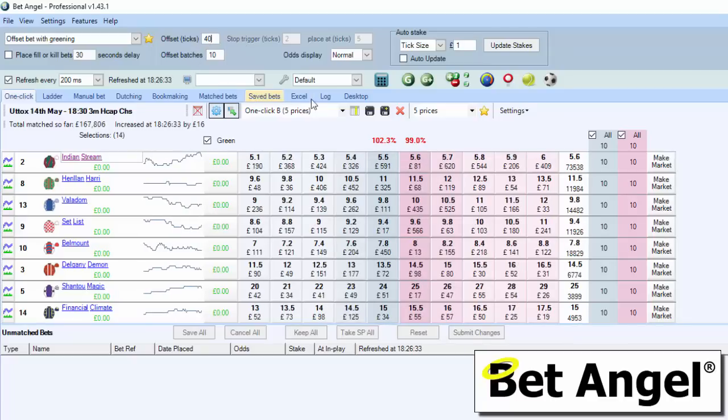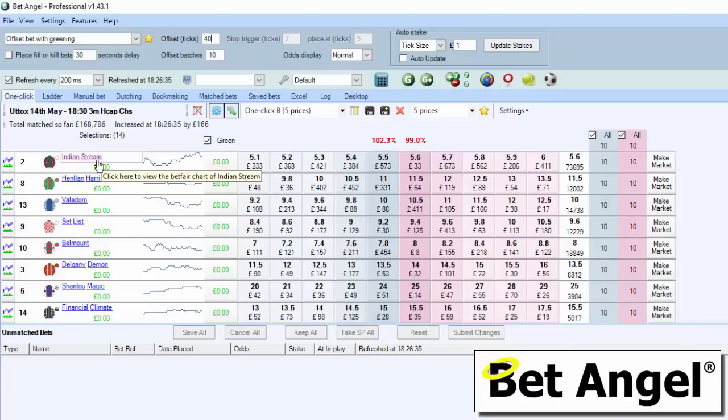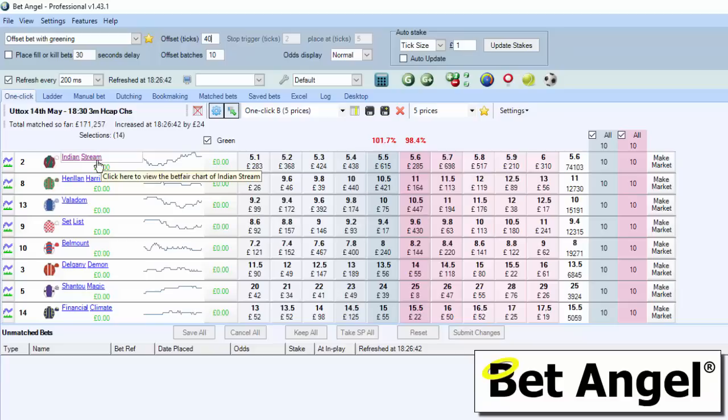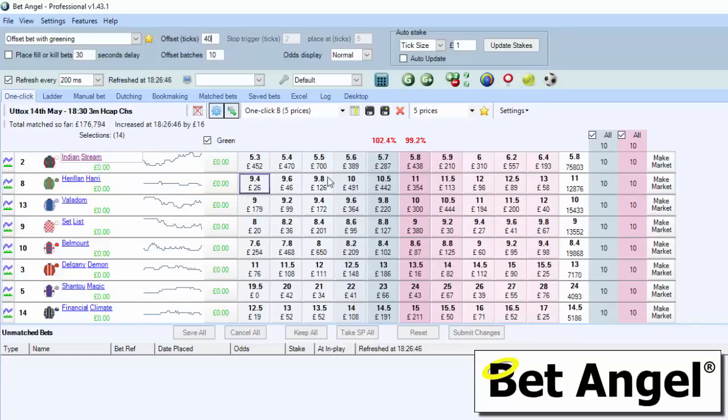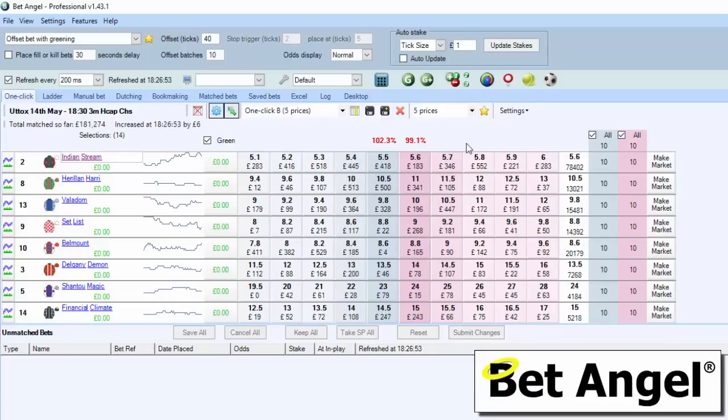And what will happen is, if we place a back bet, then what we're saying is we expect the price in Indian Stream to shorten a fair bit when the market goes in play, and we're going to take advantage of that. In order for Indian Stream to shorten in price, it's going to do that because we expect it to win because it's the favourite, or we expect it to be in contention at some particular point.